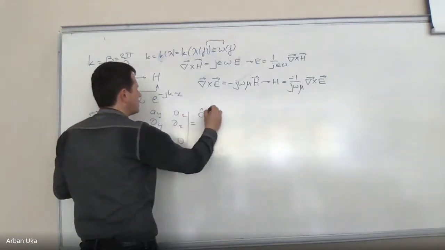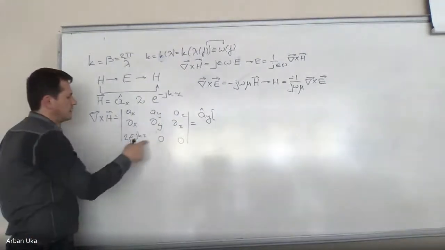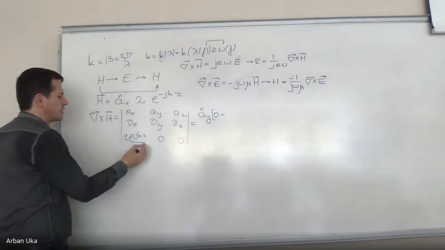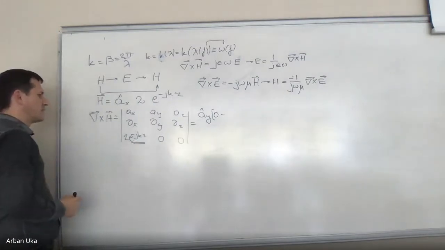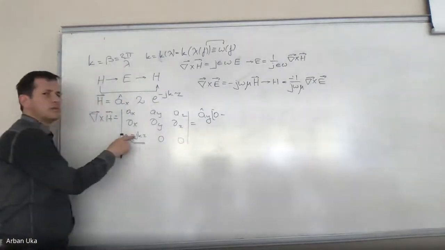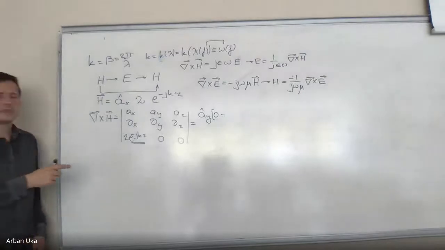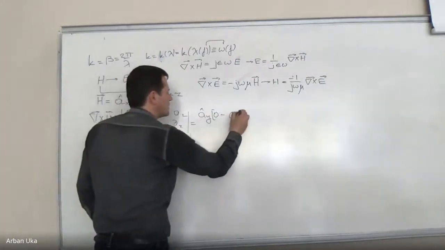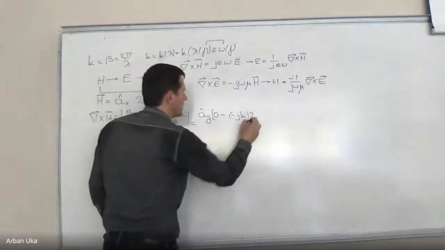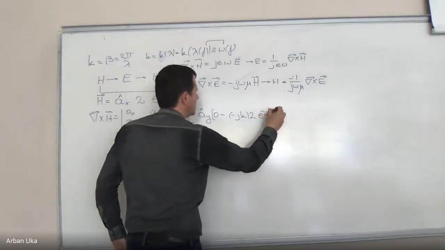So let's write ay times 0 minus the derivative of this expression with respect to z. What is the derivative with respect to z? We'll get a minus jk, right? So minus jk times 2, which is always there, times e to the power minus jkz.